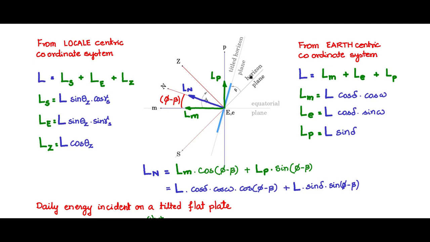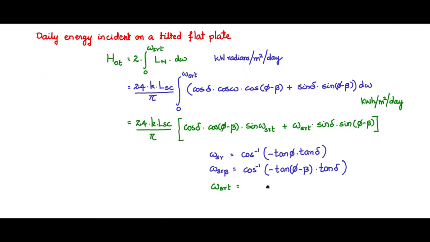Then we are safe, we are conservative, we know that there will be an effective insolation falling on this if we consider that the sun has risen above both horizon planes. So for omega_SRT, we take the minimum of the omega_SR value computed as above and the omega_SR beta value computed with a phi minus beta value for the latitude angle.